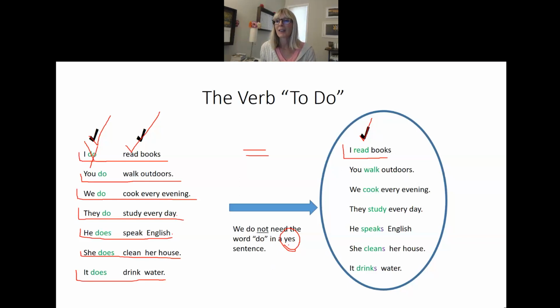I do read books, and I read books are the same. So in a yes sentence, in an affirmative sentence, we don't often see the word do. You will hear do if I think you are not listening. I read books. No, listen. I do read books.